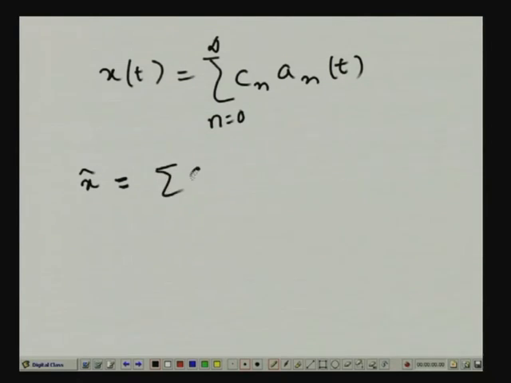In this case, this will be represented by summation of C_n a_n(t), where n will now vary from 0 to capital N minus 1. So, this is x hat(t). Obviously, we are going for an approximate representation of x(t), not a complete expansion, not the exact representation of x(t). So, this is the case that we have for continuous signals x(t).